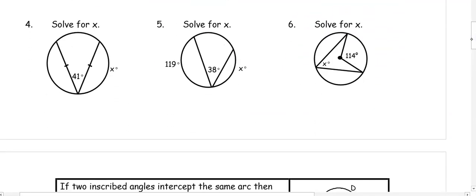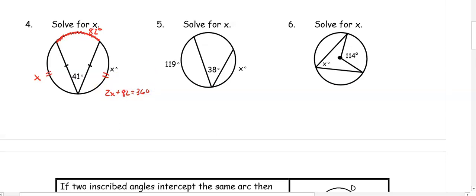In number 4, we want to solve for x. So we see that these chords are marked congruent, which means that the arcs are going to be congruent, so those are both going to be x. We also see that 41 is intercepting this arc, so we can double 41 to get our arc of 82 degrees. We know in a circle that there's 360 degrees. So we have 2x plus 82 is equal to 360, and we can solve for x.